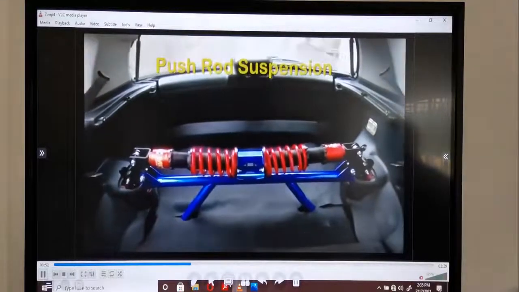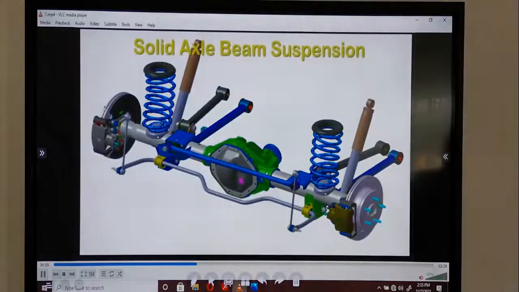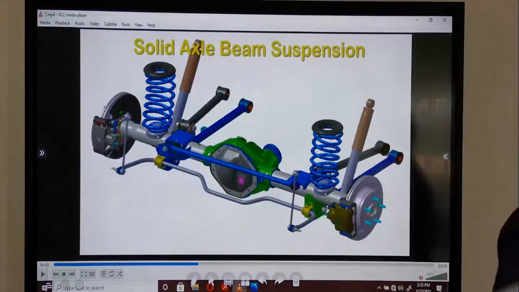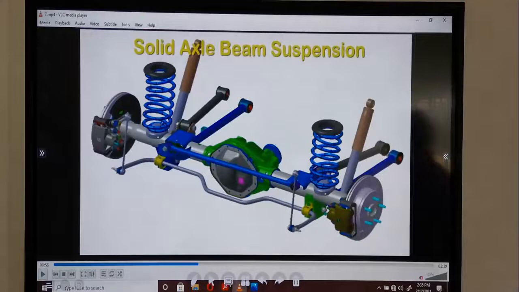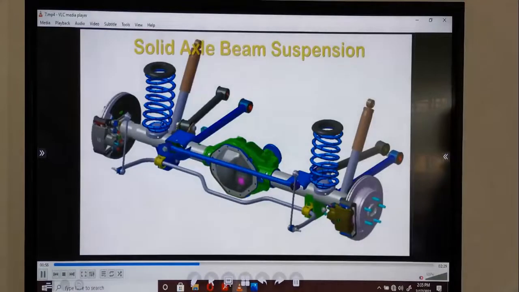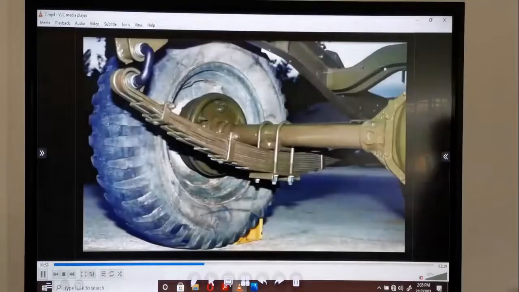This kind of push rod. And this type of suspension is mostly used in off-road vehicles. These coil springs are separate, which is used for the off-road vehicle. This is a leaf spring.